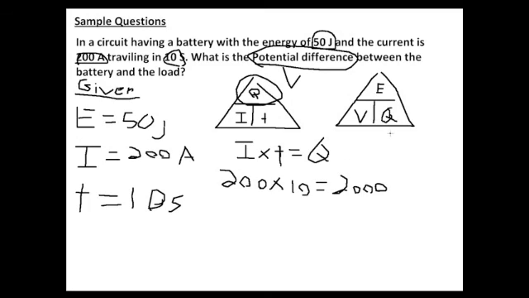So we can plug that into this formula, and now we have Q and E, but we need to find out V. So we're using the top line, so it's E over Q equals V.